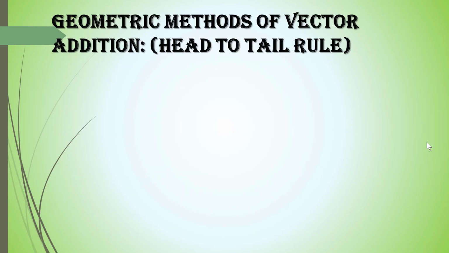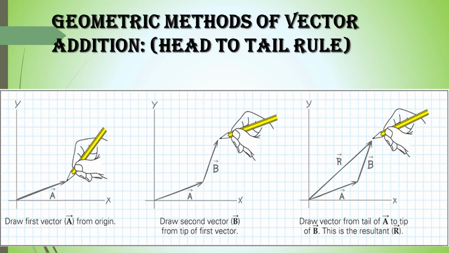So what do we do in the head to tail rule? First, we take a starting point, and let's say over here it is the origin. We draw vector A to scale: we select a suitable scale and draw the first vector. Then we draw the second vector, whose tail starts at the head of the first vector, without changing its magnitude and direction.